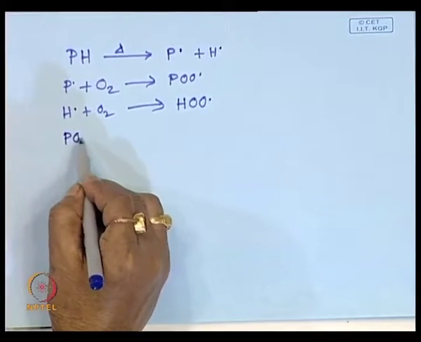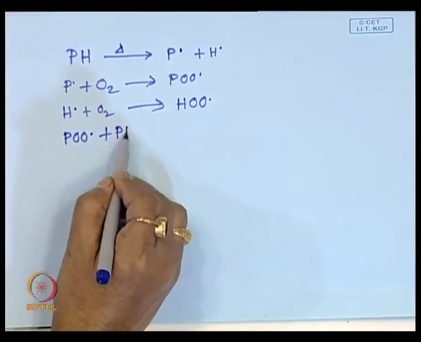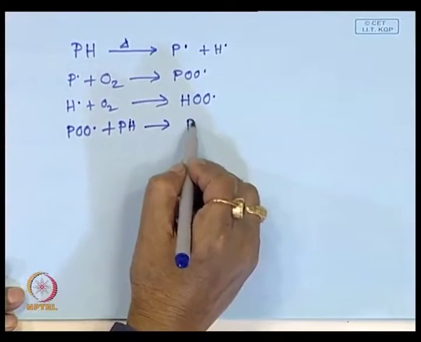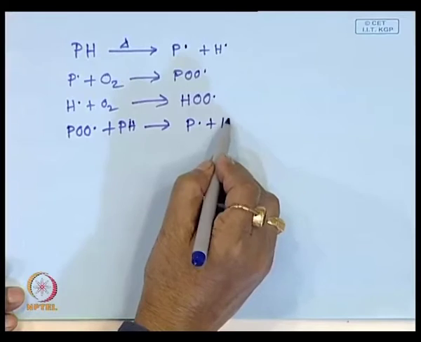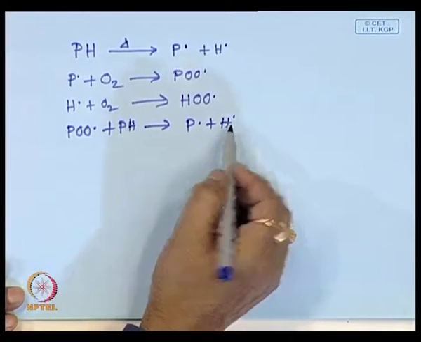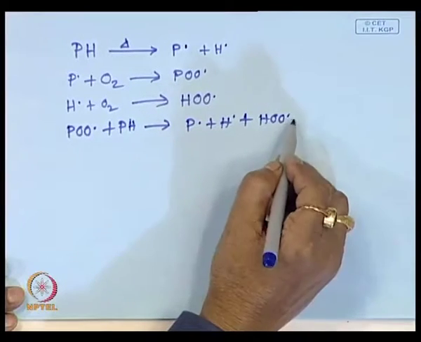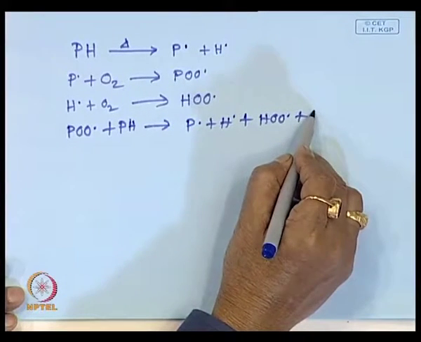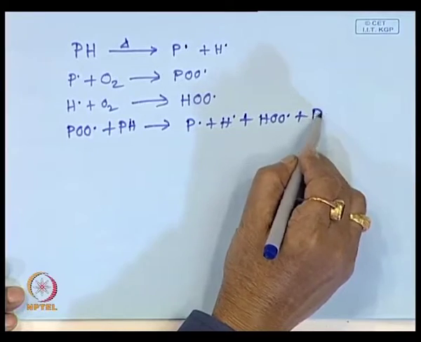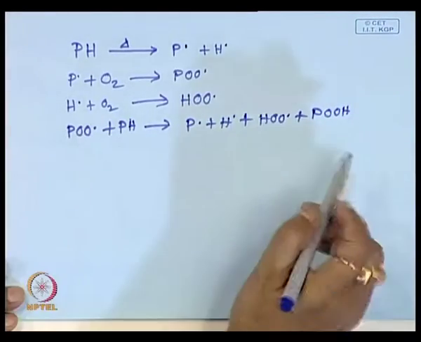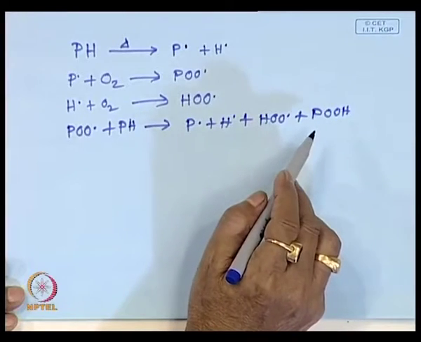This POO radical will further react with another polymer, forming P radical, HO, and POOH. A large number of products will be formed.